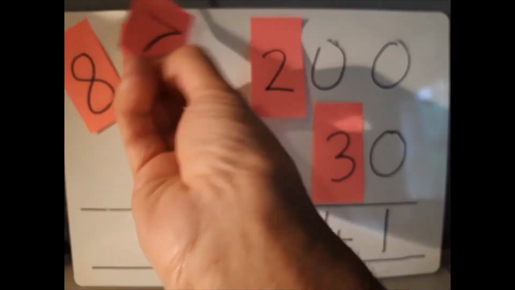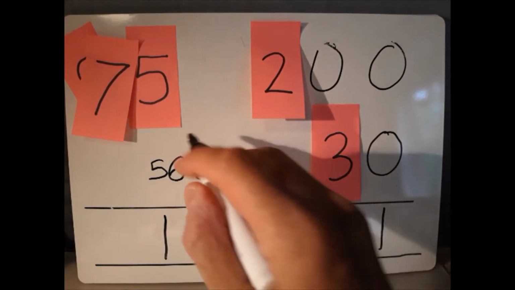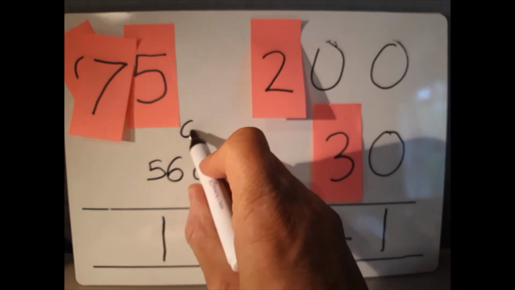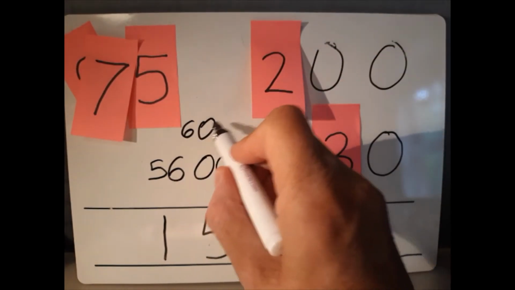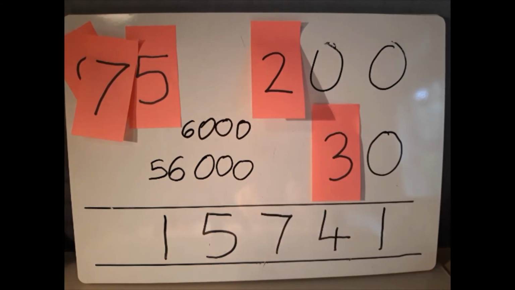Let's move this out of the way so it's not confusing us for now. So 200 times 30. That will give me 2 times 3 is 6, times 100, times 10 is 6,000. And that is quite a bit too low. So we're now starting to think about what can we be.